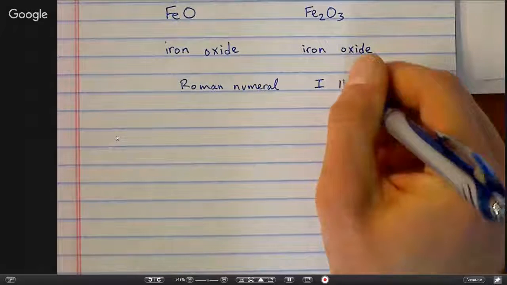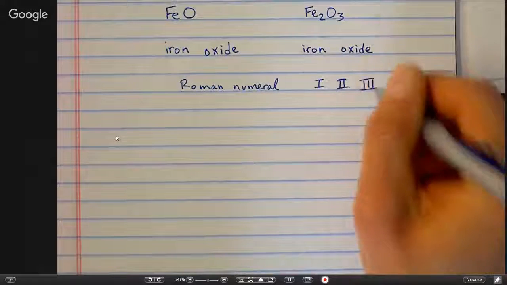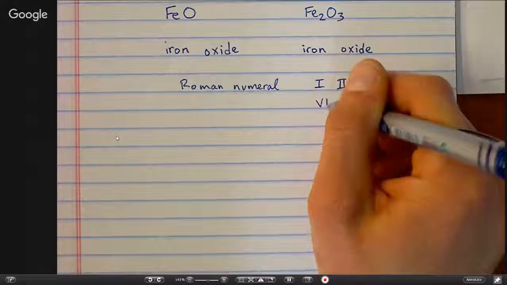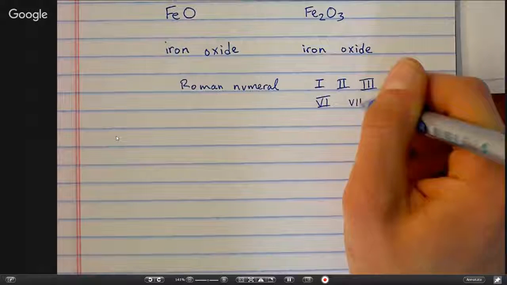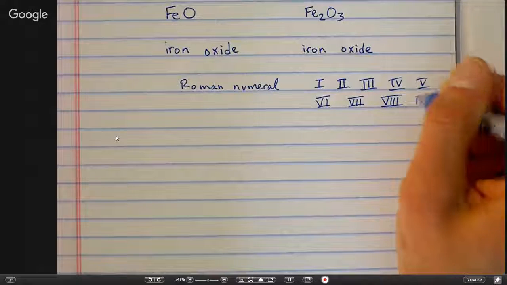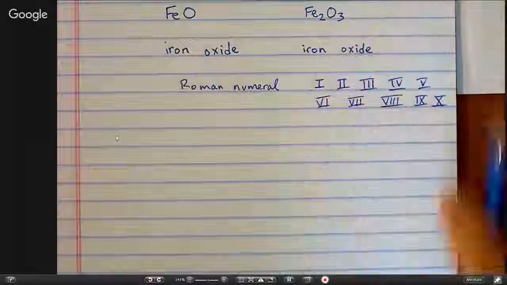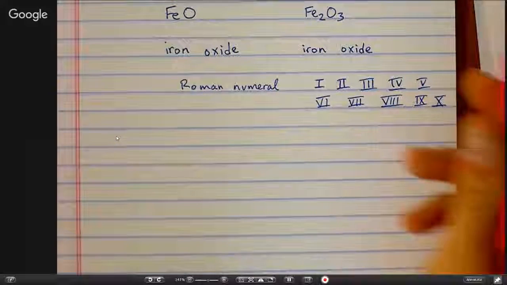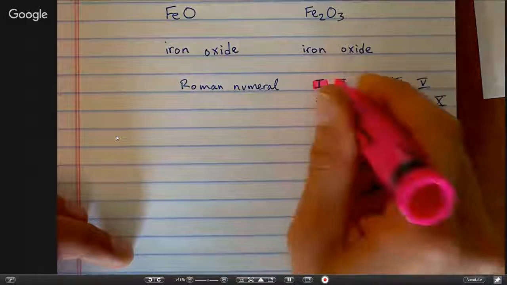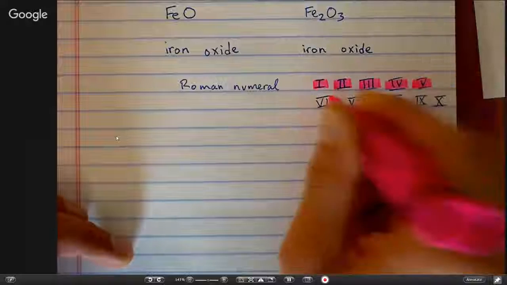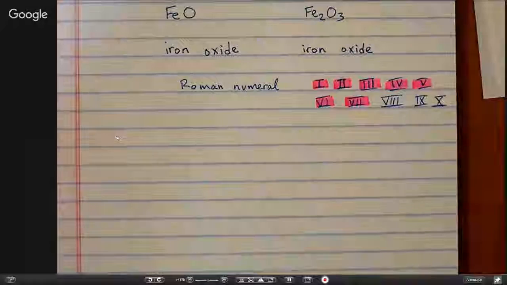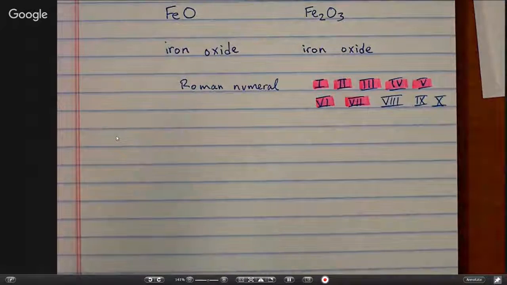We've got 1, 2, 3, 4, 5, 6, 7, 8, 9, and 10. I can tell you with certainty and confidence that at most, I think we're going to see 1, 2, 3, 4, 5, maybe 6, maybe 7, but I don't really see it. So at least like 1 through 6 for sure.